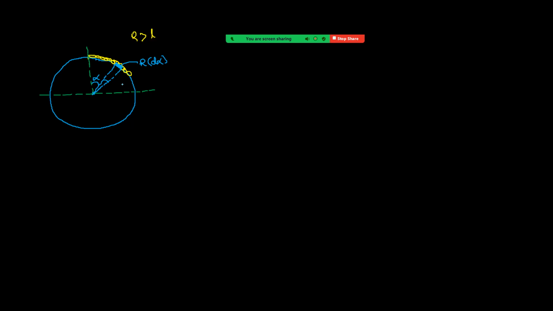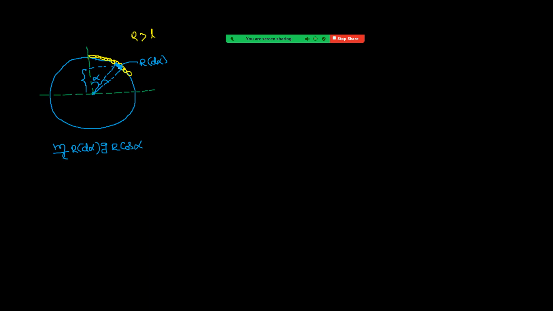This small element is at a height equal to r cos alpha. So its potential energy is its mass, m by L into r d alpha, times g times h, where height from the reference level is r cos alpha. This is the potential energy of that small part.